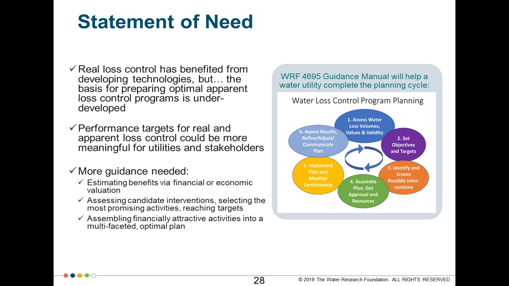Additional guidance is provided for preparing an optimal apparent loss control element of a water loss control plan, identifying more meaningful performance targets, placing a financial value on the benefits of water loss control, assessing candidate interventions, selecting the most promising ones, and achieving targets, and assembling a financially attractive, multifaceted, optimal plan.